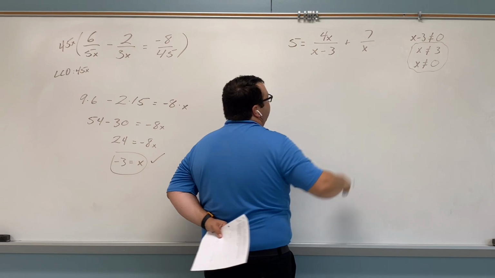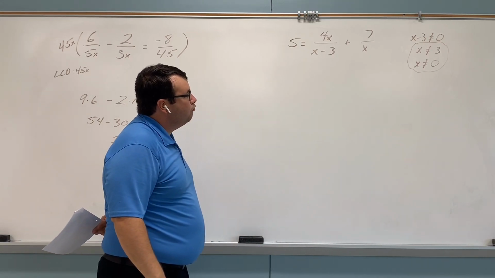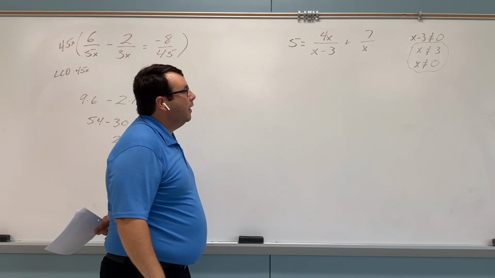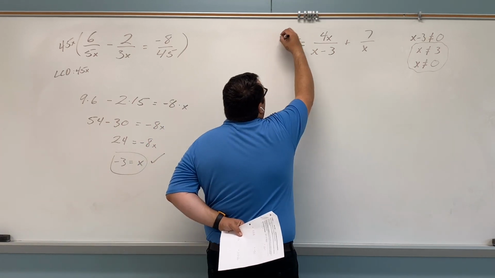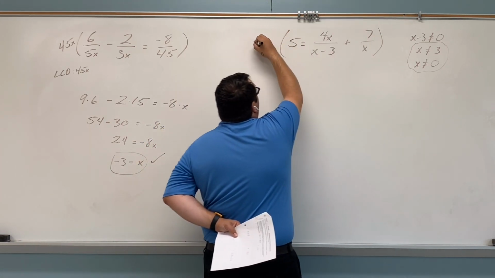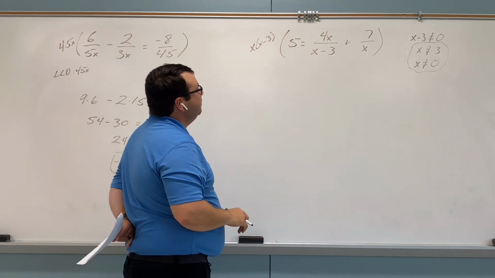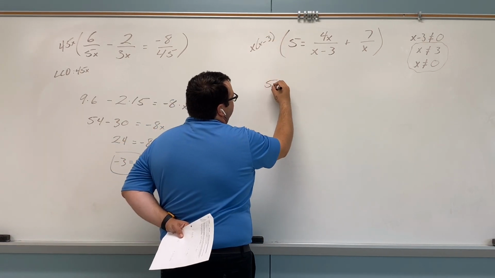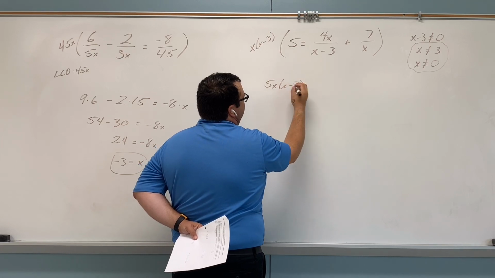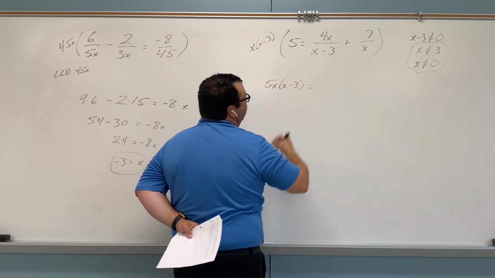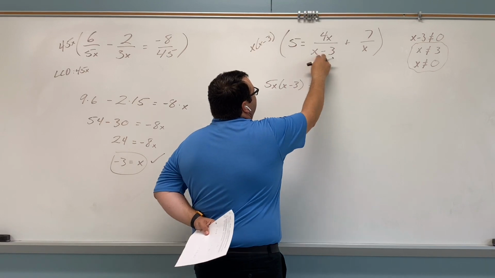Now, let's go through and solve. What is my LCD? X minus 3, right? So I'm going to multiply by that LCD of x minus 3. That's going to give me 5 times x minus 3. Come back to distributing that in a moment. X minus 3 cancels here.